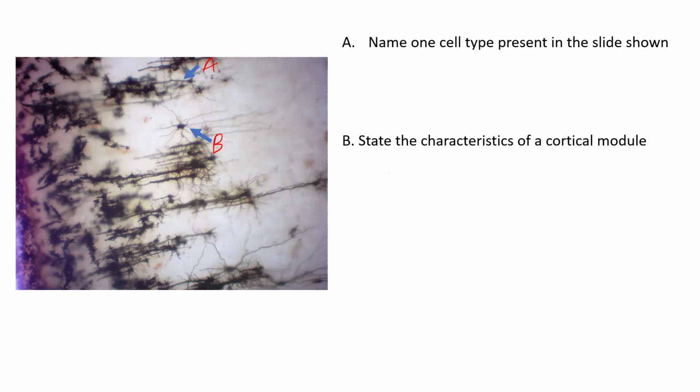That's the name. What is B? Stellate. I think it's okay. An astrocyte. Is it stellate? I thought you guys did the histology of the cortex.